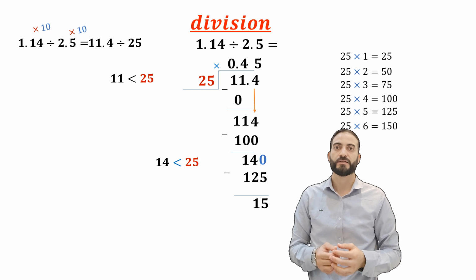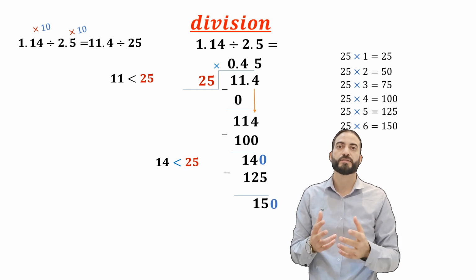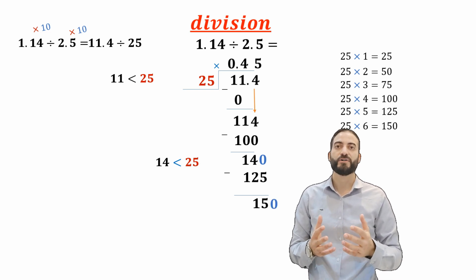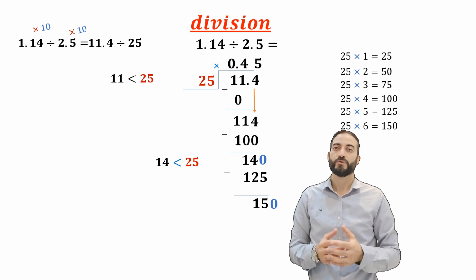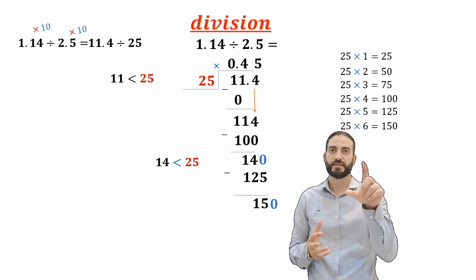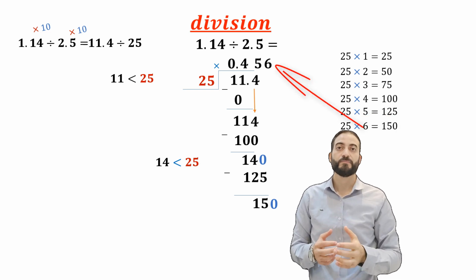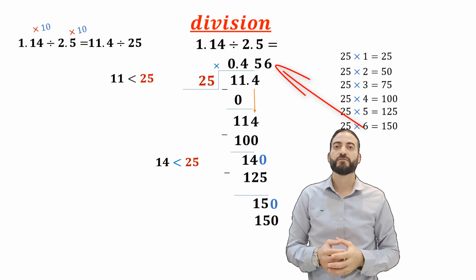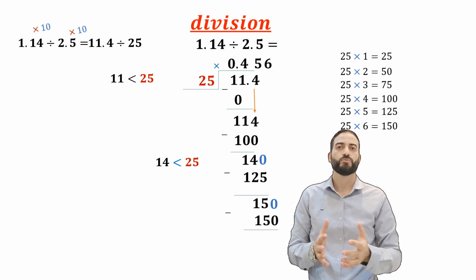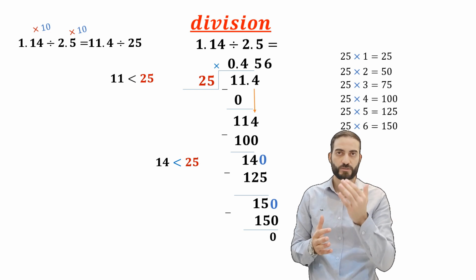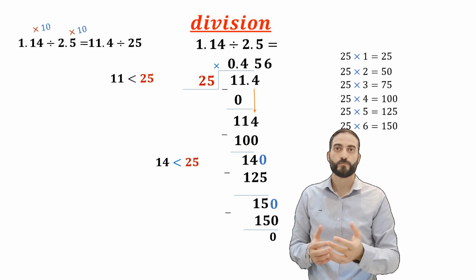Because 15 is smaller than the divisor, we can put 0 here. So we have 150. We find that 150 is 25 times 6, and put the 6 here and immediately multiply it by 25 to get 150 and do subtraction. 150 minus 150 equals 0.